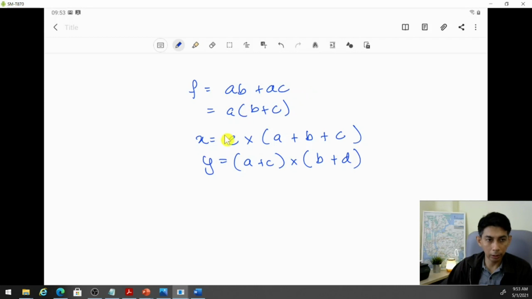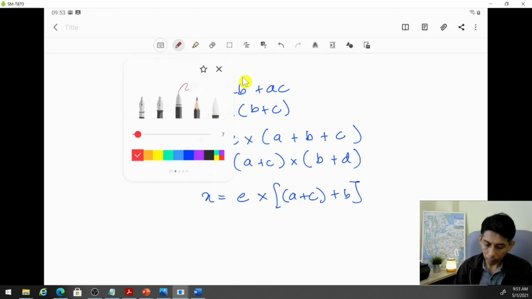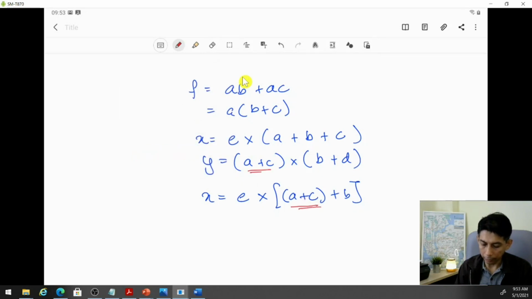We have two equations, x and y. When we see this equation x, we can rearrange it: x is equal to a plus c plus b. If we look at this, we can see that this term is the same, which means we can share this operation and share the resources.